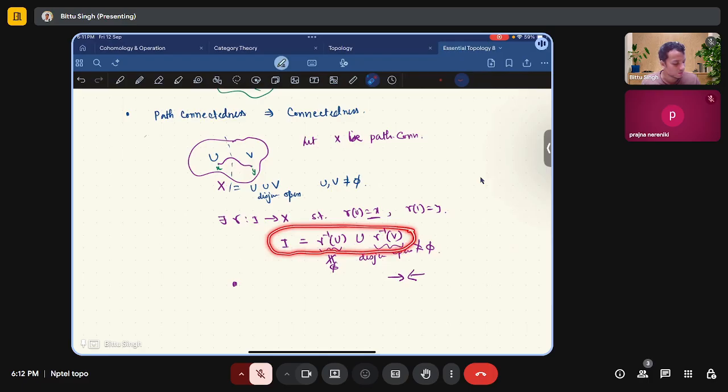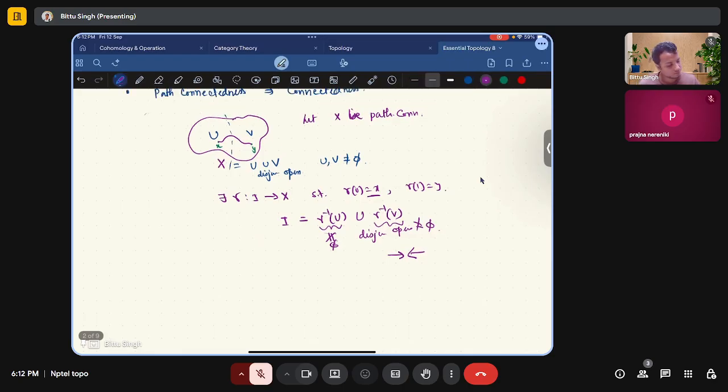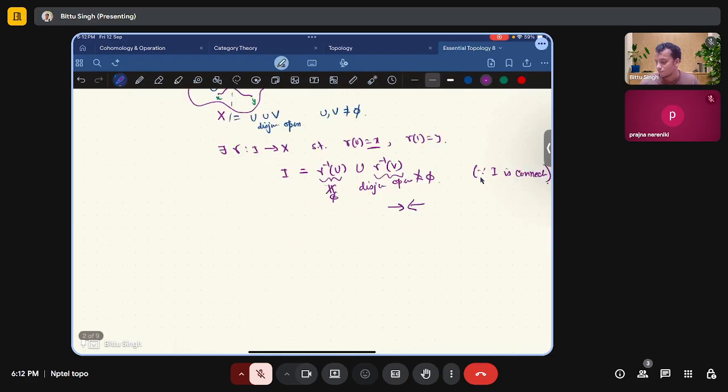This shows that interval is disconnected. Interval can be written as a disjoint union of open sets, which is wrong. So this is a contradiction. I is connected. Okay.